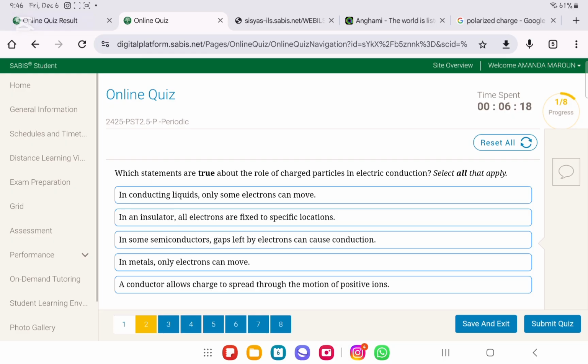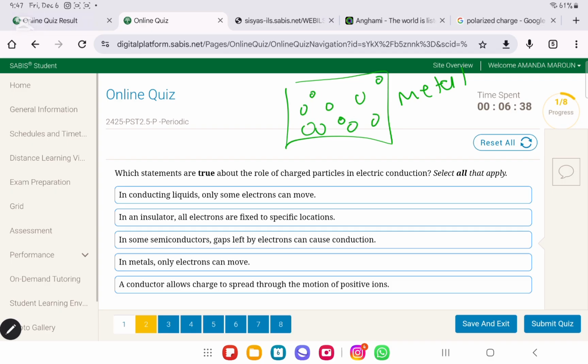In metals, only electrons move, and we call these free electrons. In an insulator, the electrons are fixed in their location, so they cannot move. So let's say this is a metal object. In this metal object, you will have many free electrons moving around.